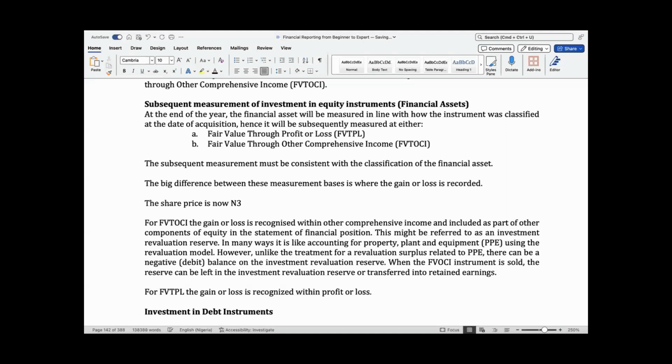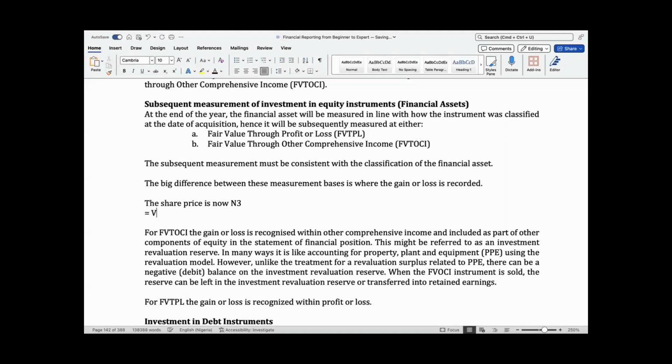That means the value of the shares this guy has will now be 5,000 units times 3 naira.